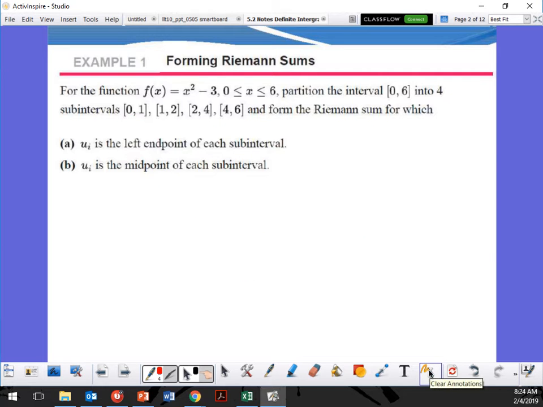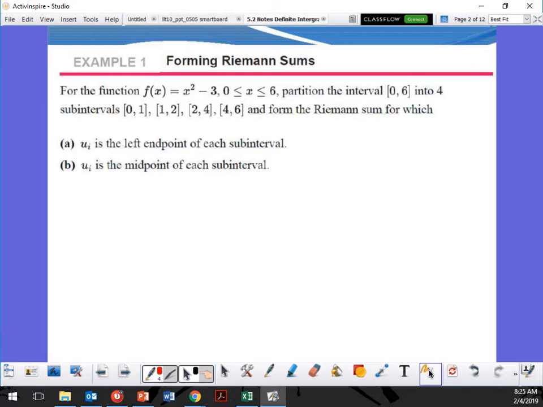Okay, so this next part right here says midpoint. How do I find the midpoint in between two ends? Add them and then divide by 2. Very good. I'm going to do the same thing on each one of the intervals.